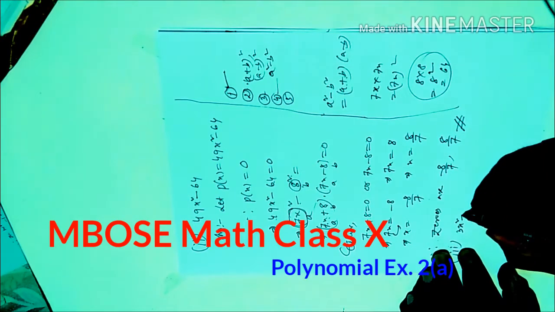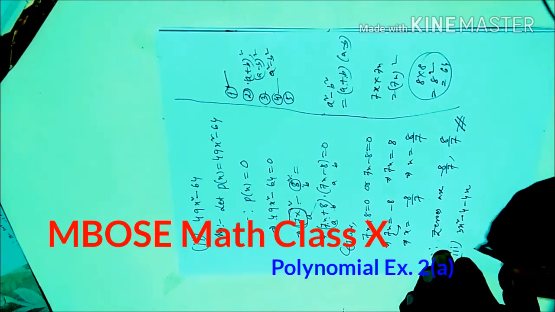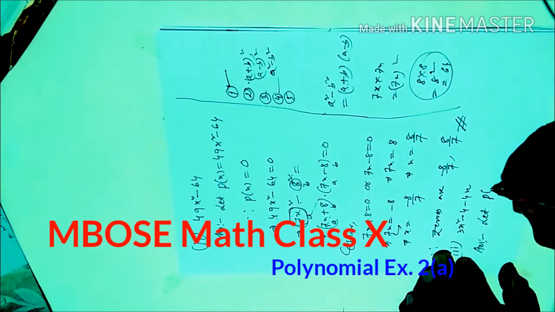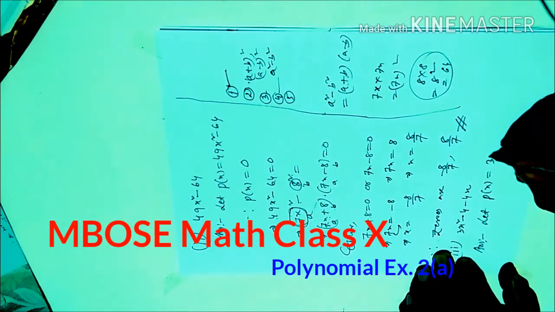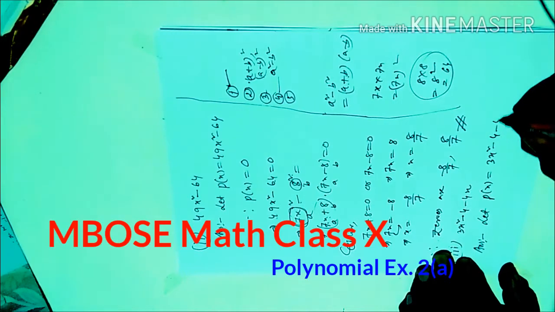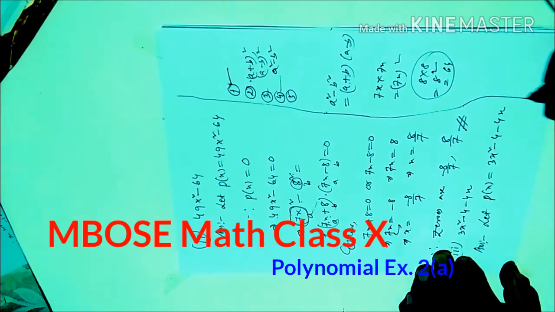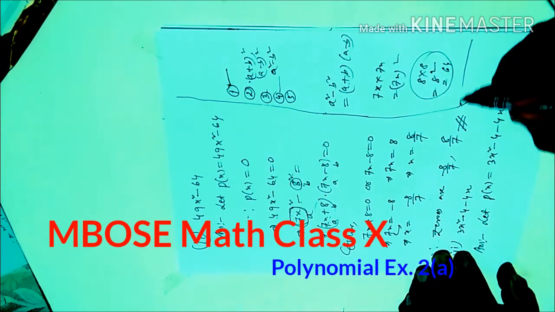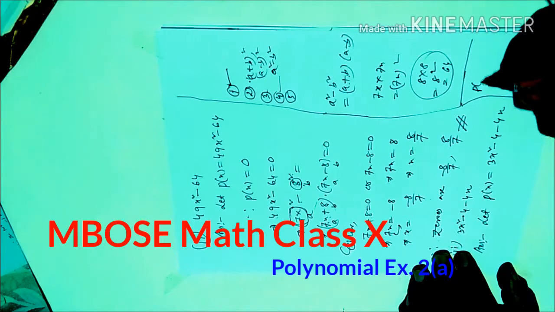3x square minus 4 minus 4x. So let px is equal to 3x square minus 4 minus 4x. You see here, is this polynomial in standard form? No. We know the standard form of the polynomial. What is the standard form of the polynomial?